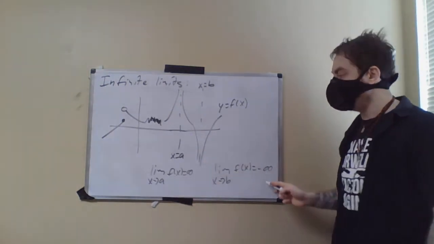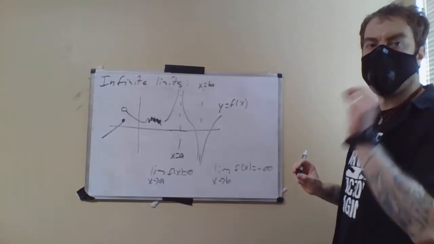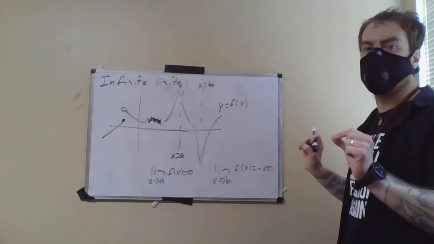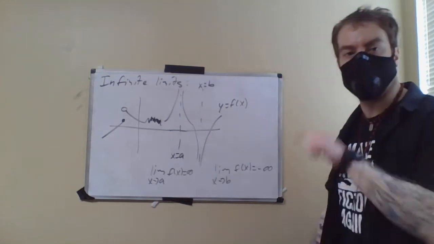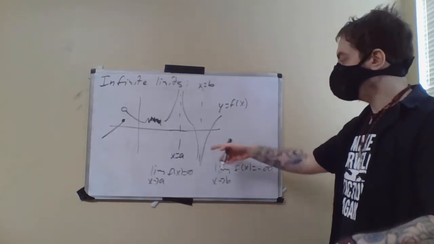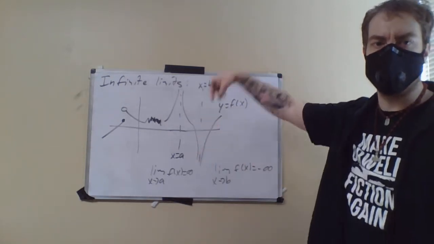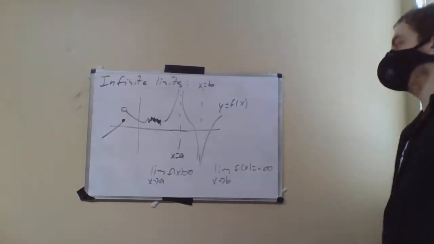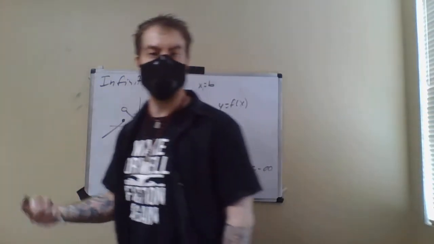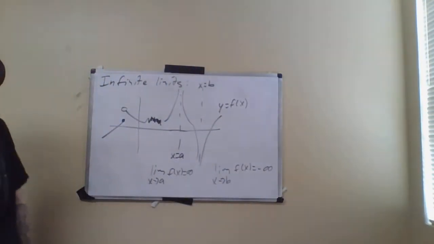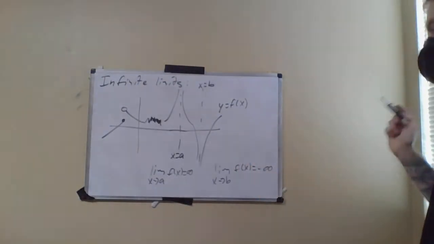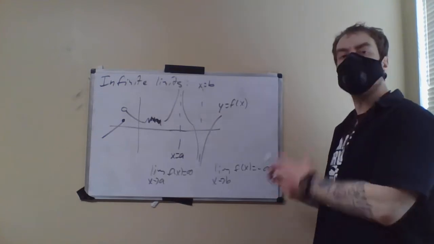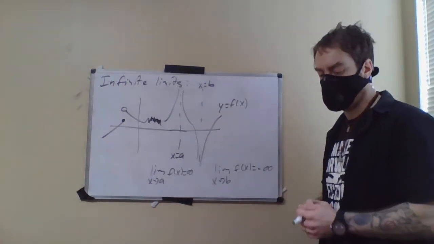And similarly, negative infinity is not a real number. What this means is this thing blows up, but it goes downward. It's still blowing up, but in the downward direction. Okay, that sounds confusing in English. I blame the English language. It's not the math's fault this time that it is confusing. So that is what we mean when we talk about infinite limits.